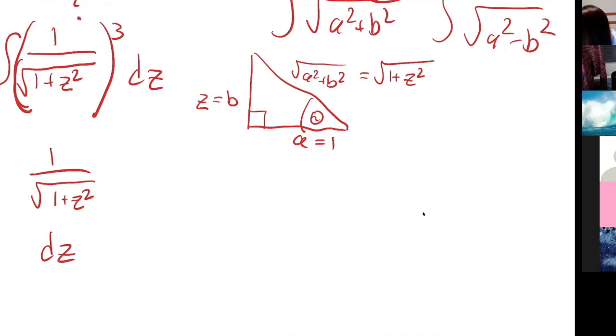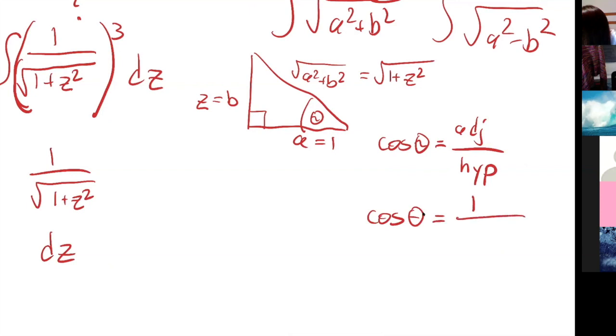So I can see that if I were to take, say, the cosine of theta, that is the adjacent side over the hypotenuse. The adjacent side is 1, and the hypotenuse is the square root of 1 plus z squared. So I've got 1 over the square root of 1 plus z squared is actually the cosine of the angle theta in this triangle.